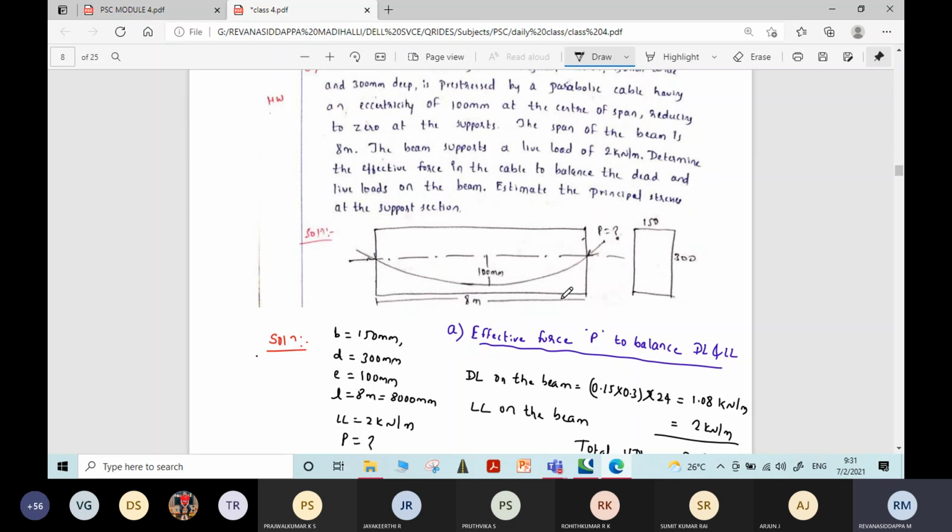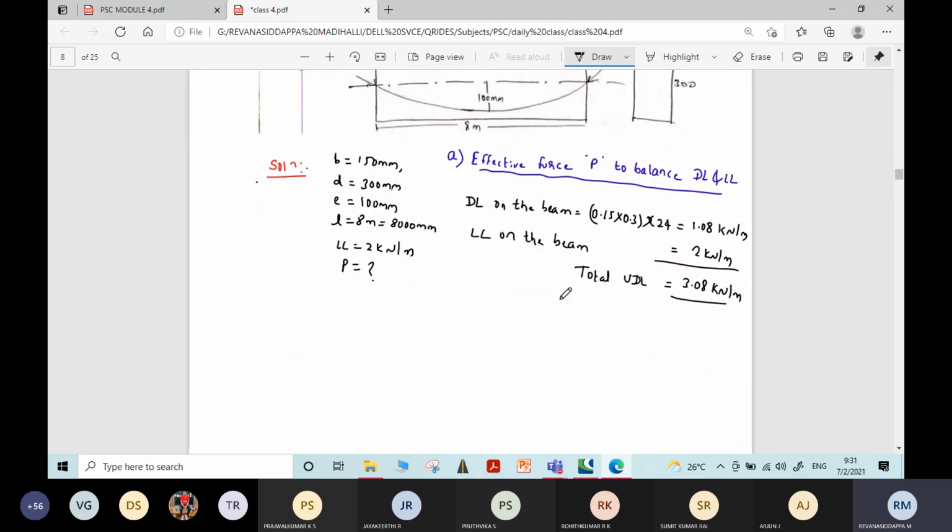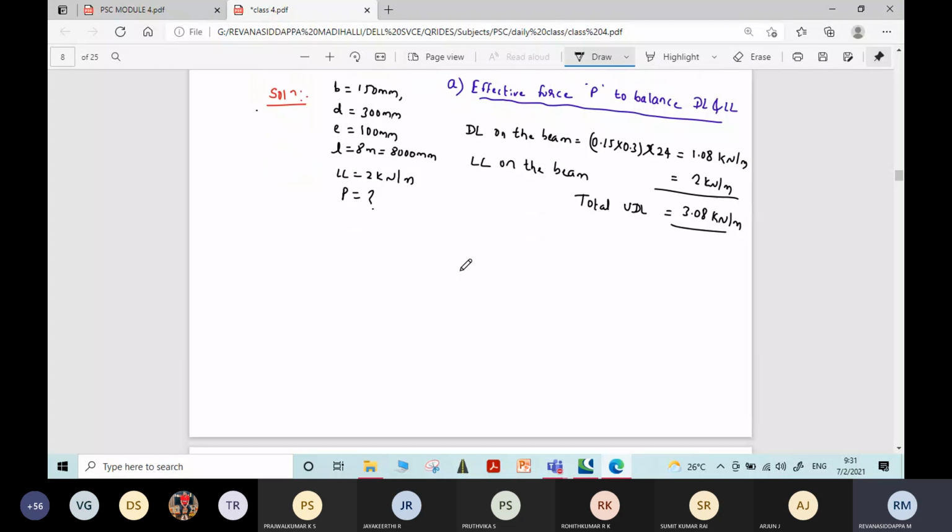That moment should be equal to the resisting moment of the pre-stressing force. Then only the pre-stressing force will be able to balance the dead load and the live load. Therefore we will utilize that particular condition for balancing.